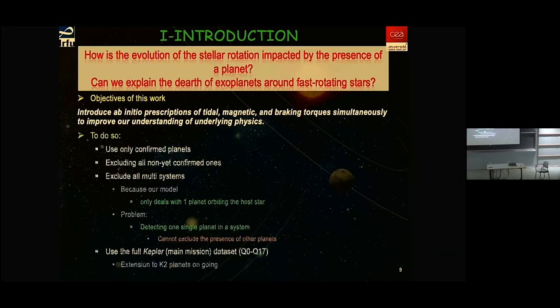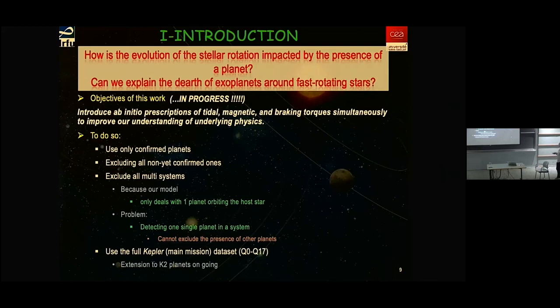To do so, we are going to use only confirmed planets. That's very important. We are also excluding all not yet confirmed ones, of course, and we are excluding all multi-planet systems. This is because we are, for the moment, able to model just one planet in the system.